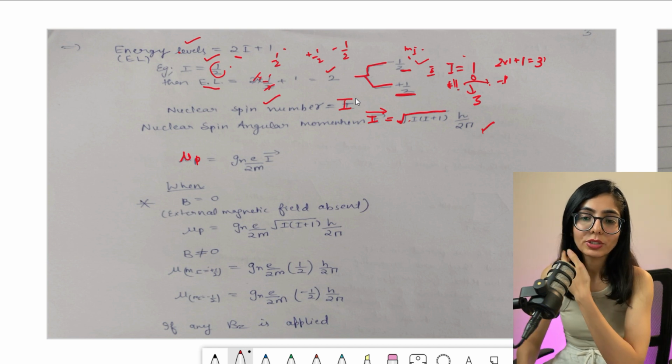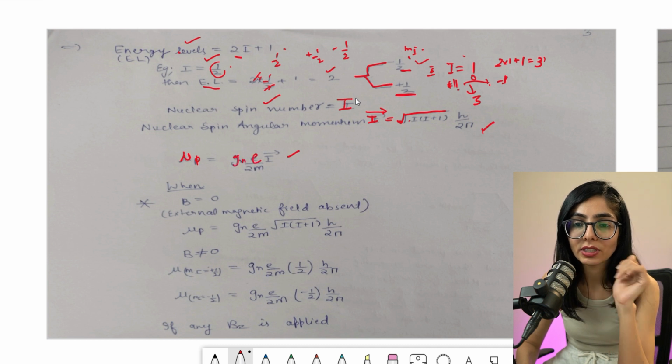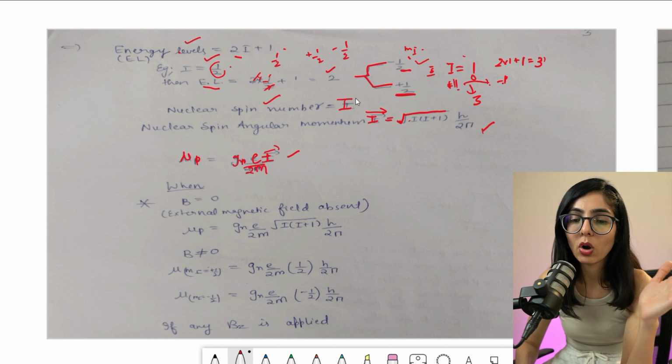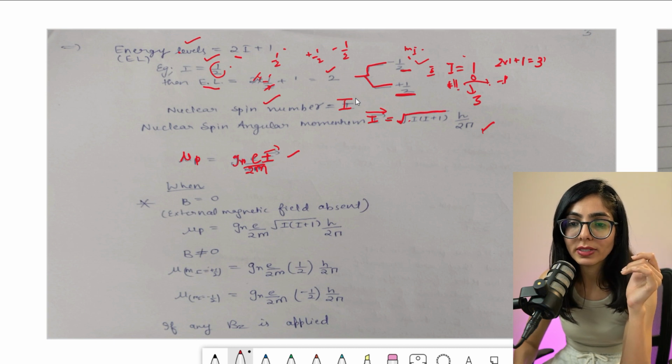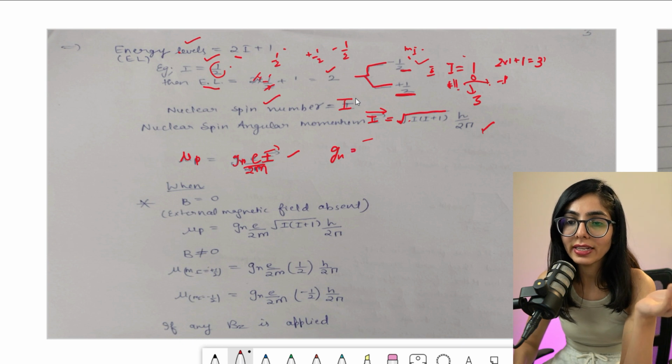There is one formula you should know, that is g N e I by 2m. Always remember 2m as 'tum'. So the formula is g, basically N related to the atom, e, I the nuclear spin angular momentum, divided by 2m.